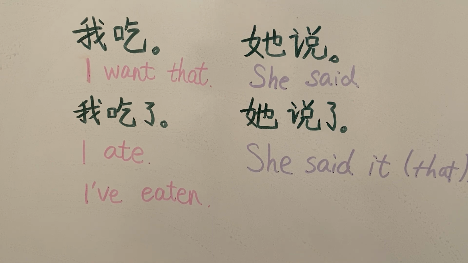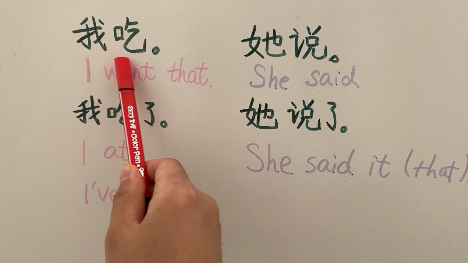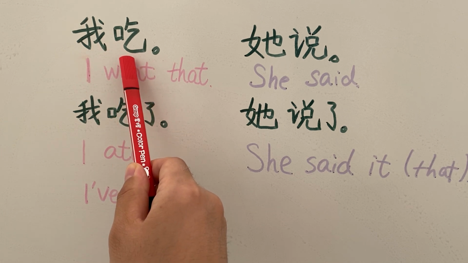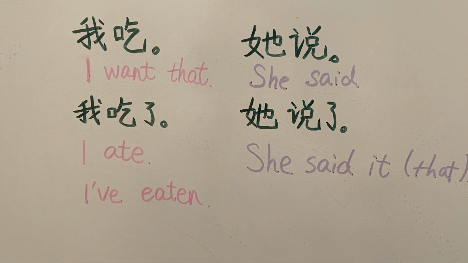Yes, I want that. So if this 吃 is used in this sentence, it indicates that I want that, right? It means this verb 吃 also indicates the action that will happen in the near future.